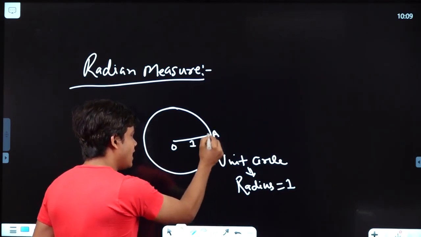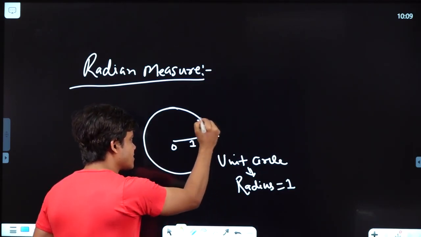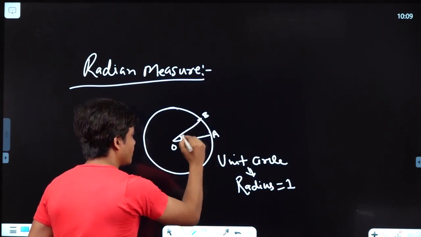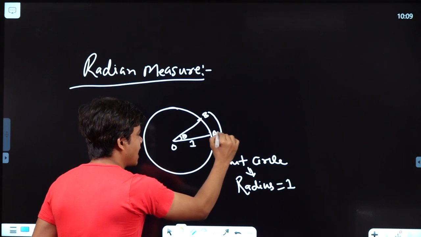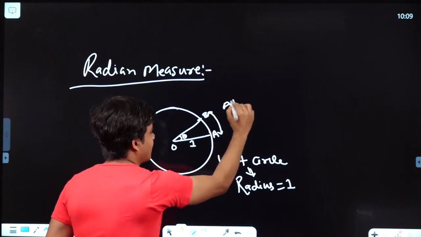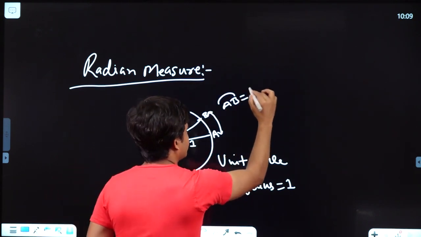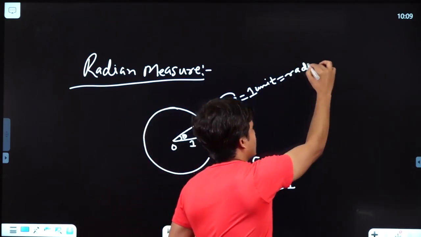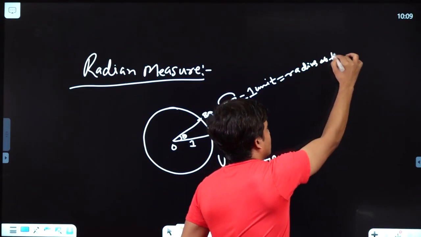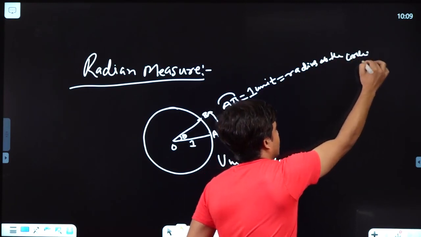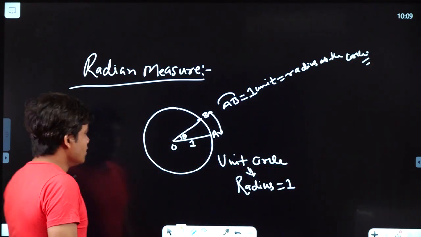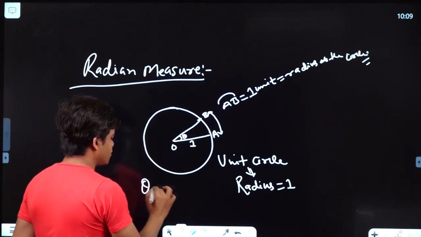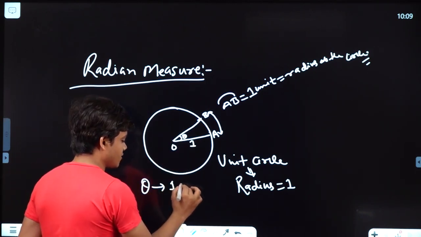So this is A, and go along the circumference, and after reaching B, we are getting some angle over here, theta. And this arc length AB is of 1 unit. This is equal to the radius of the circle. So this theta is 1 radian. Hence, this theta is 1 radian.